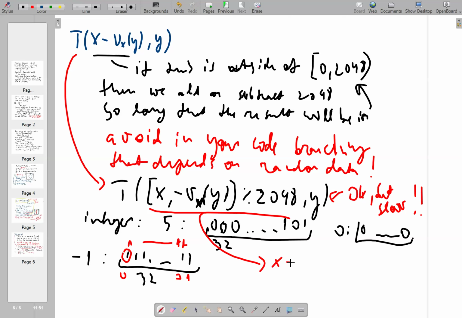X minus mu of x as a function of y, and now we take what is called bitwise AND, which is 2047. That's it. Now again, can you guys see that this will work? Let me make that more like the other one. Can you see that this will work?